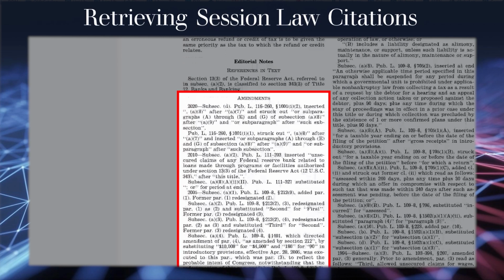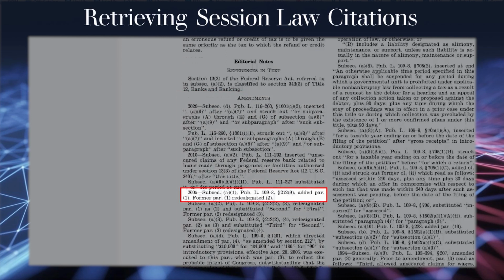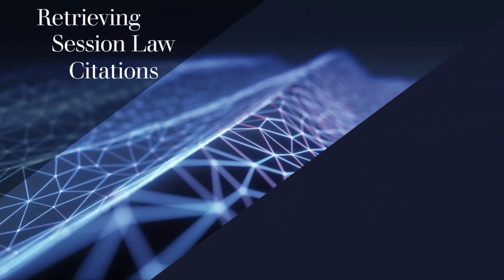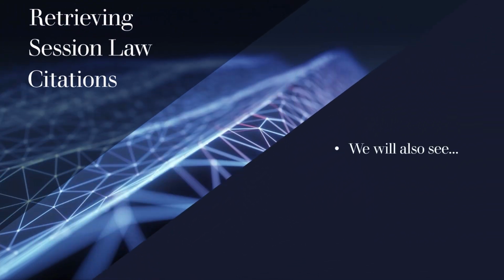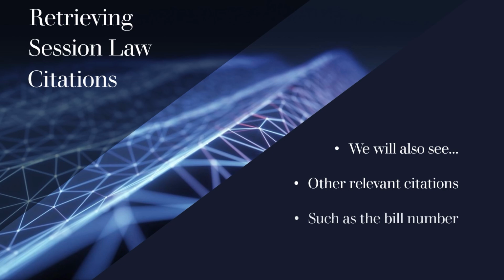Look through that list of amendments for a paragraph that starts with the subsection in question. For example, we can see here that subsection A1 was added by Public Law 1098. Specifically, it's section 212. As we proceed through the process, you will see how to find further related citations, including the bill number.